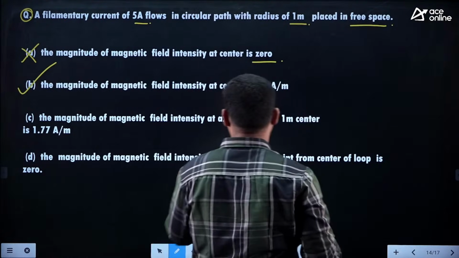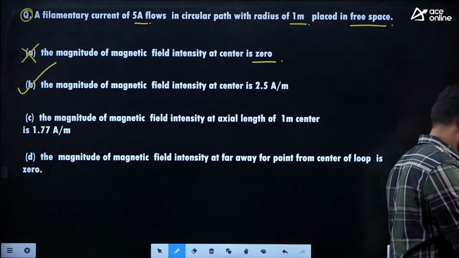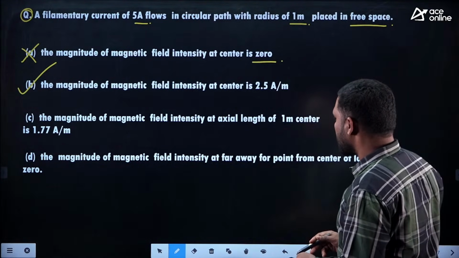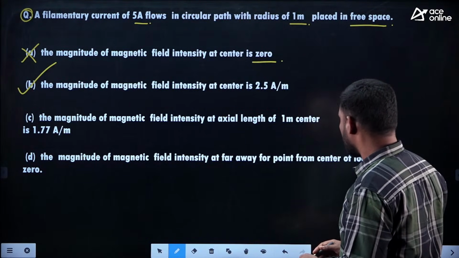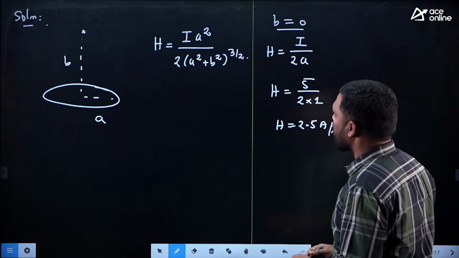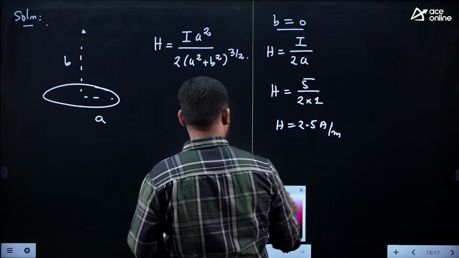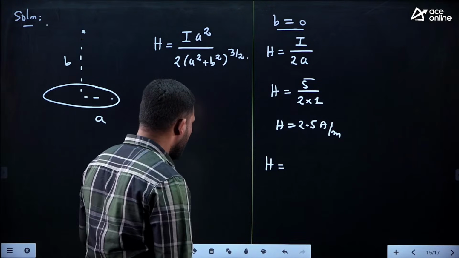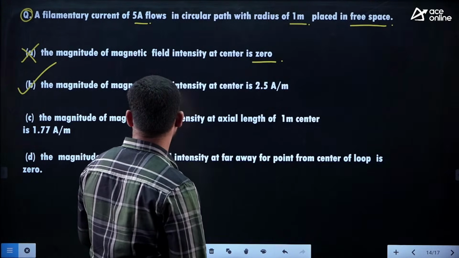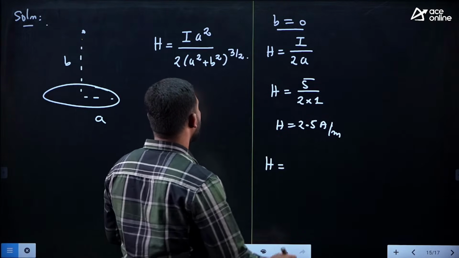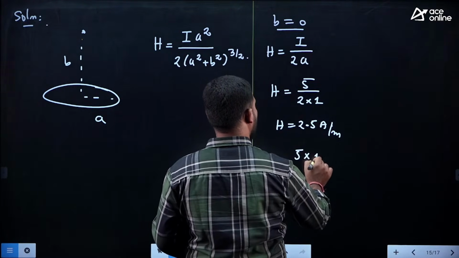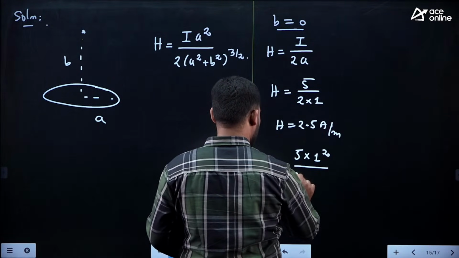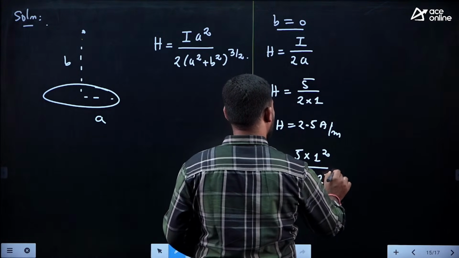Next, the magnitude of magnetic field intensity at the axial length of 1 meter. So the second one is H at 1 meter. Everything is 1 here. So it is 5 into 1 square divided by 2 into (1 plus 1), that is 2 to the power of 3 by 2.